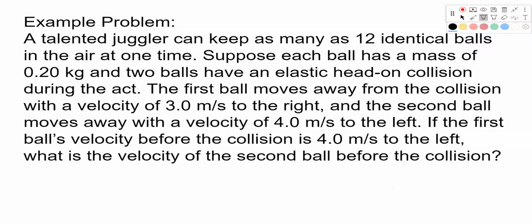What would this look like written out? We would wind up with just velocity of 1 initial plus velocity of 2 initial equal to velocity of 1 final plus velocity of 2 final.